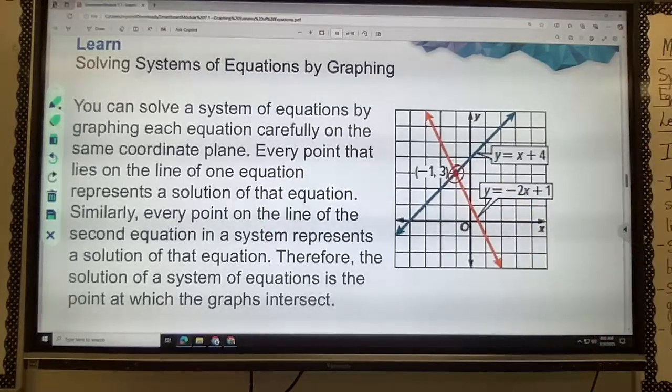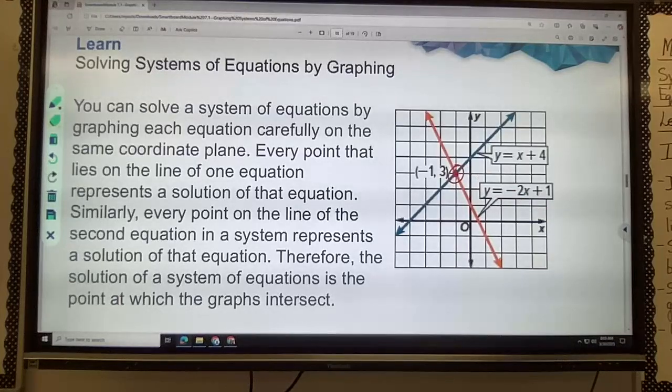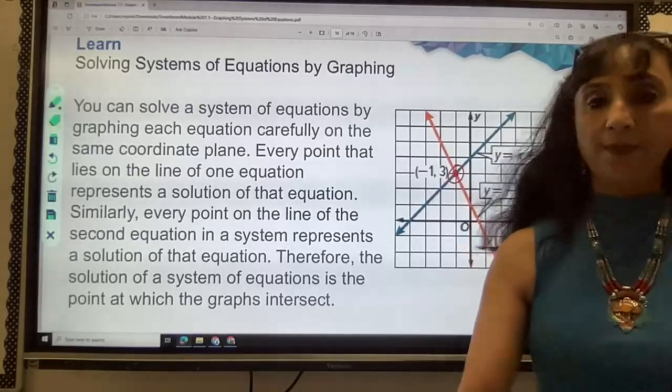As you can see, where is my graph intersecting? It is intersecting at negative 1, 3. That is the point at which the graphs intersect. Because the point of intersection lies on both lines, the ordered pair satisfies each equation in the system.